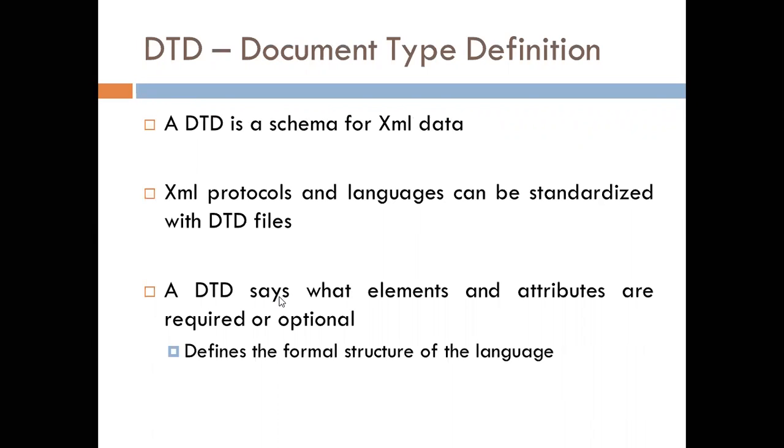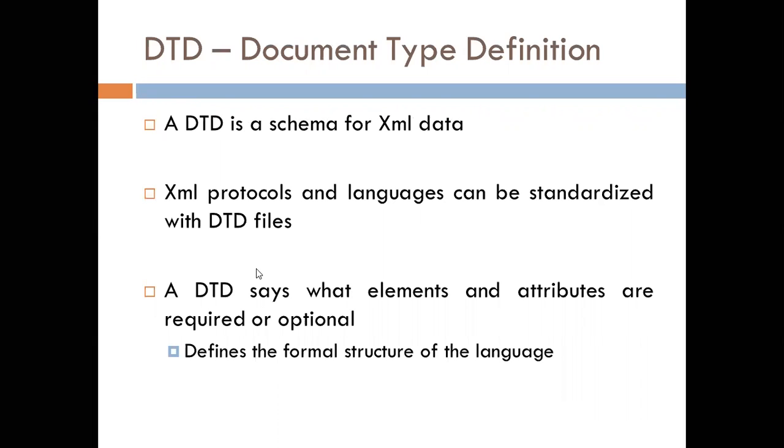If we are storing all the book information, there should be a structure for that particular XML file which is storing the book. If some application wants to validate that book XML file, it needs to know what attributes and elements are possible in a book. All those possibilities will be specified in the DTD.